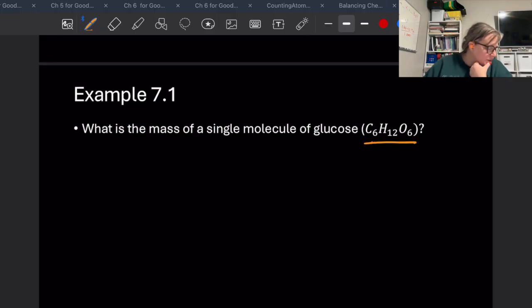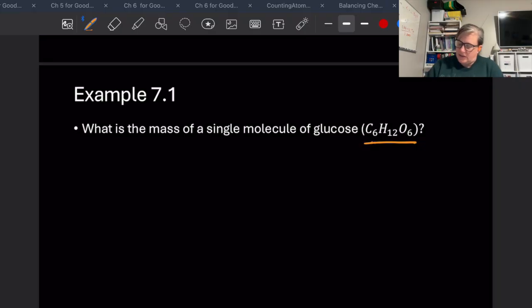When they just ask us the mass, generally they're looking for AMUs. If I'm writing the problem, I will try to specifically say what unit I'm looking for there.